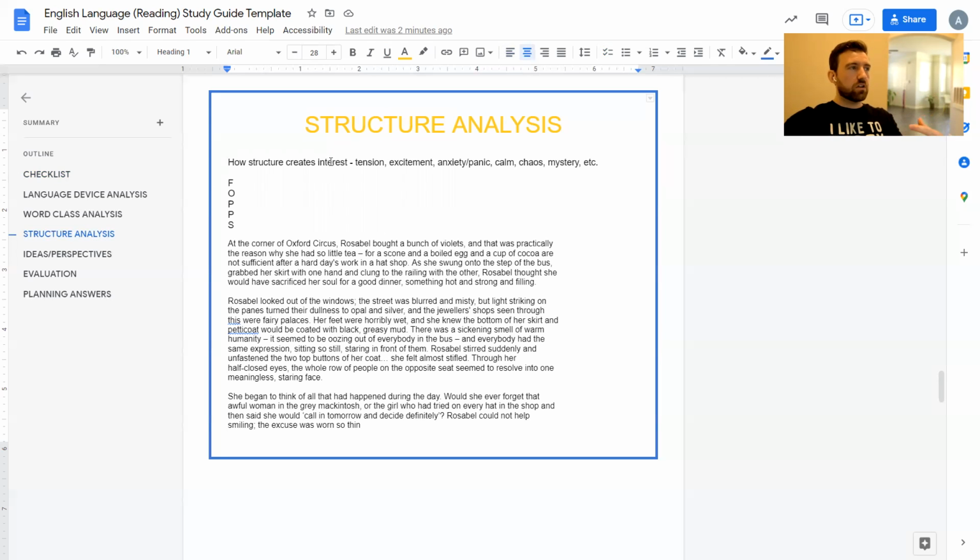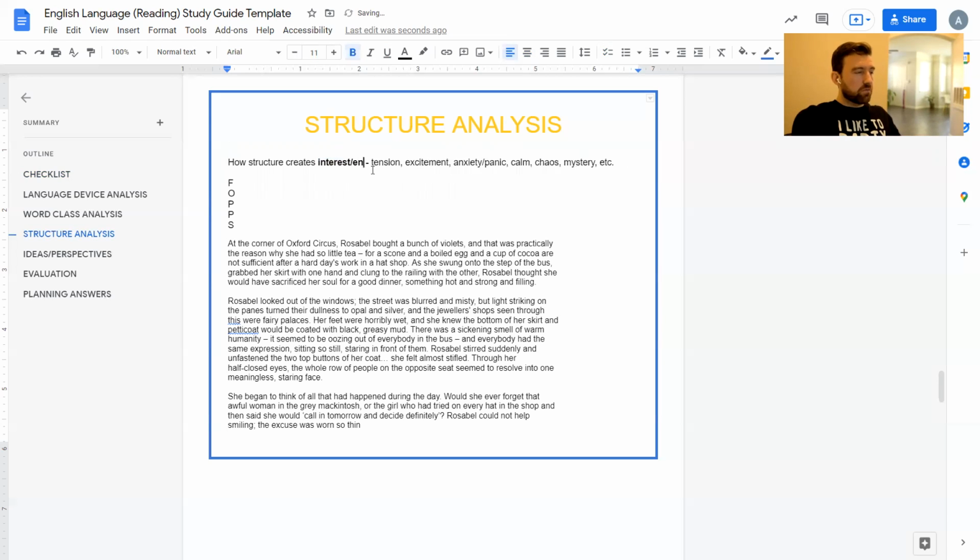The effects we're going to particularly look at, because it's the most common one to think about, is how structure can be used to create tension, excitement, anxiety, calmness, but also chaos and mystery. There's loads more than that, but those are some of the very common ways that structure can be used to create an interest or an engagement with the reader.